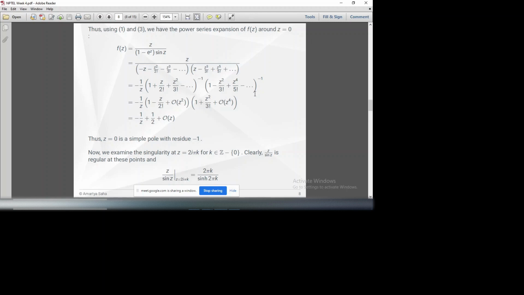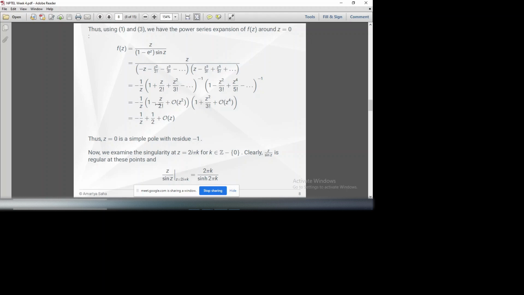And to comment on the nature of a singularity, we have to look at the negative powers of the power series that has been centered around that point of singularity. So here we already know that the maximum negative power can be 1.